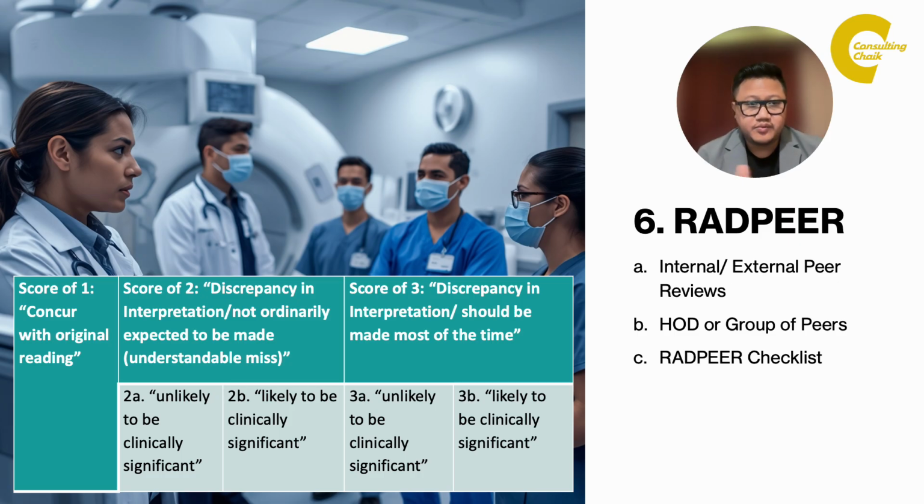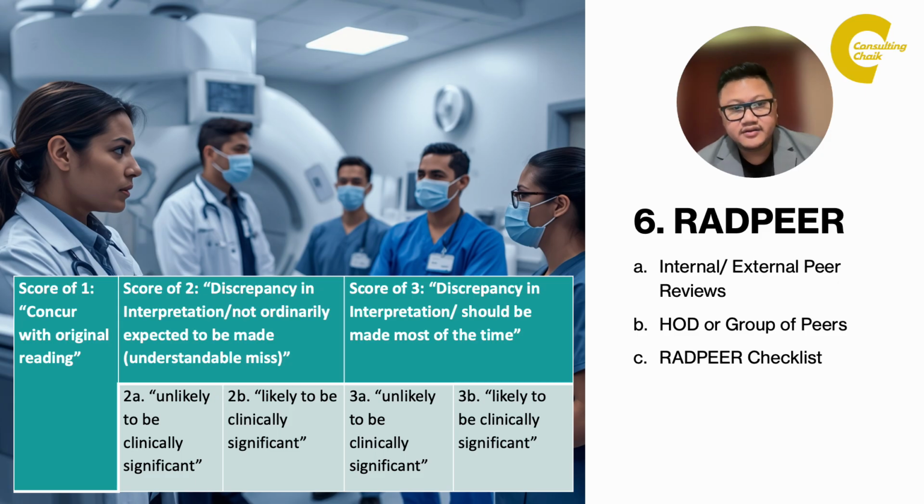When the two reports concur, you score 1. You score 2 for a discrepancy in interpretation which is not ordinarily expected to be made, so it is understandable that it might be missed by several radiologists. For 2, you have A and B. A is unlikely to be clinically significant, and B is likely to be clinically significant.